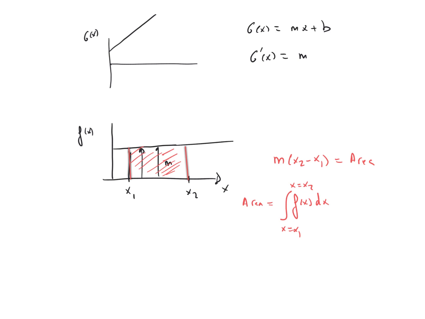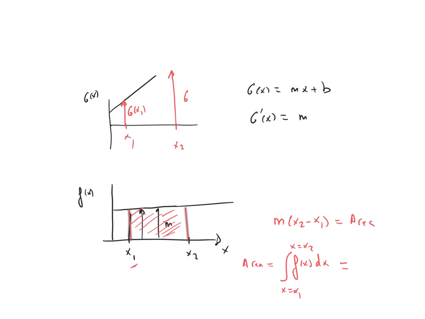What it says, the first fundamental theorem of calculus, is that this is equal to this: see the same point x1 that is here, put it here, so there is a value of g of x1. See the same point x2, and see g of x2. Let me continue the rectilinear line.